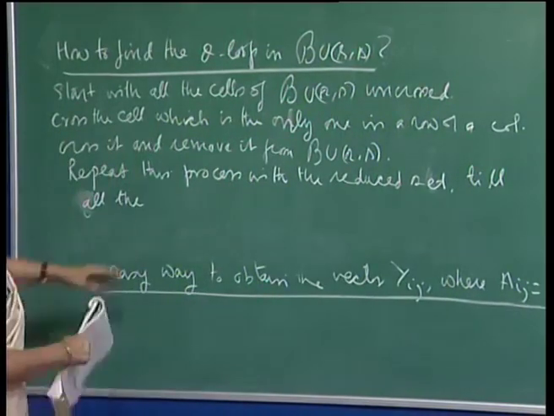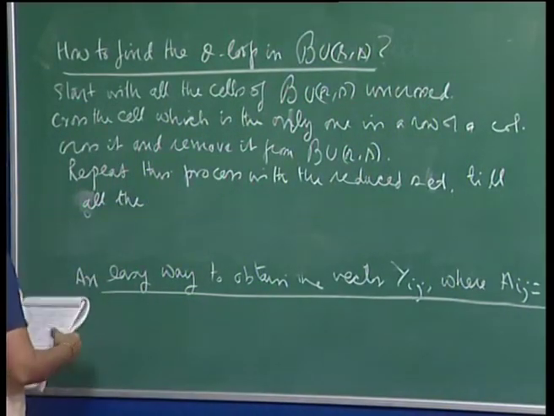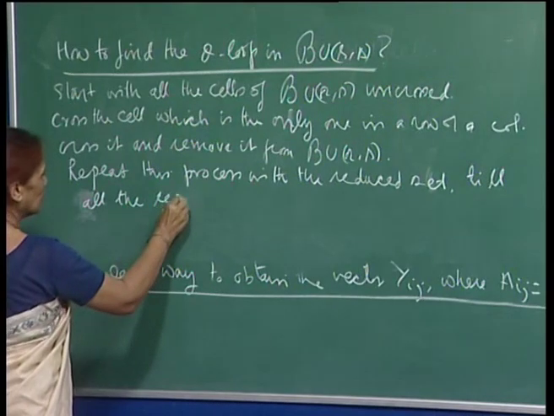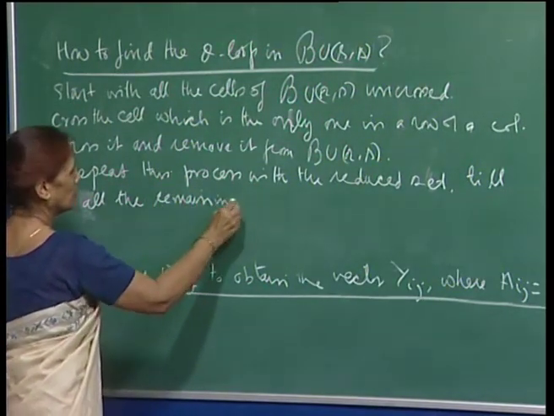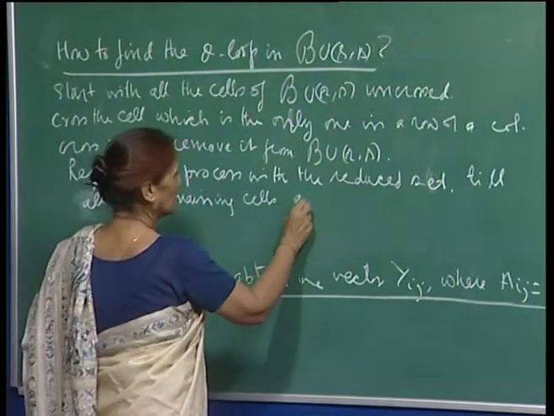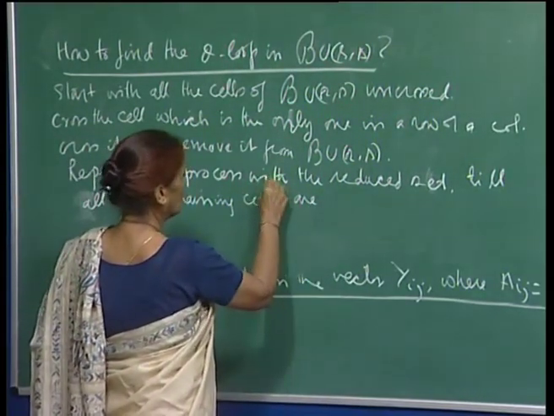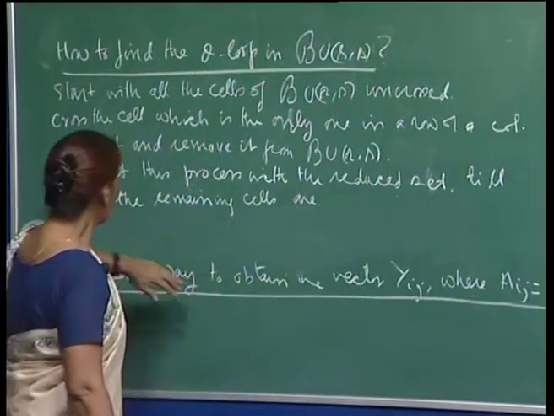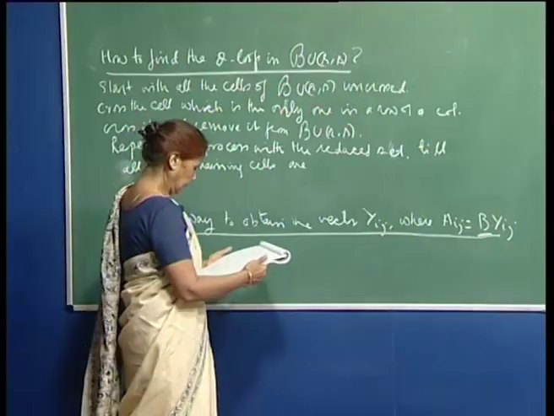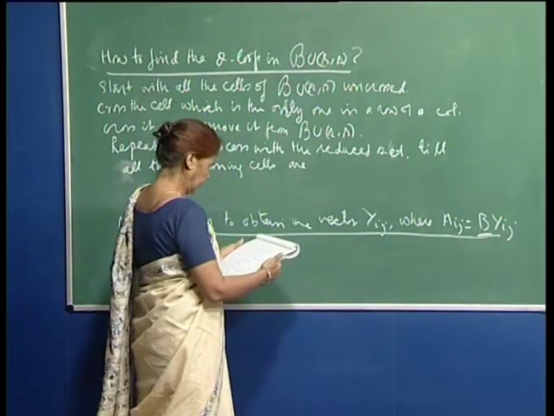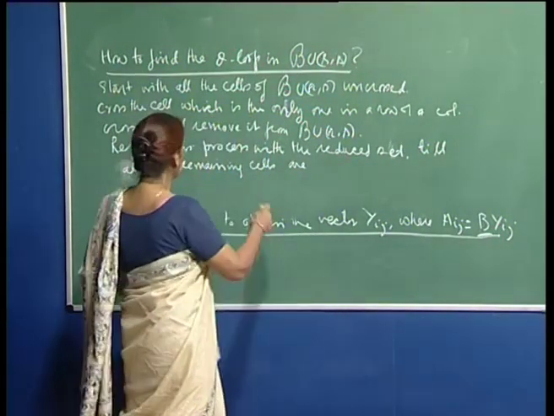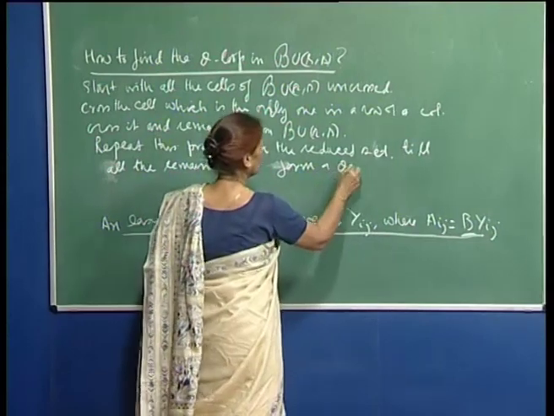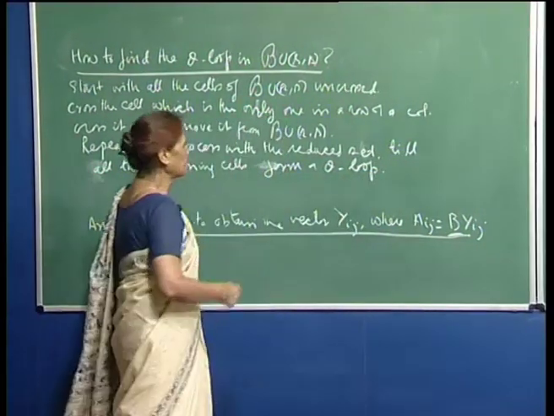So, this is what I want to say. So, repeat this process with the reduced set till all the remaining cells form, okay, I wanted to rephrase the sentence, right.